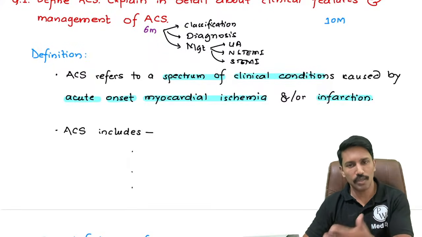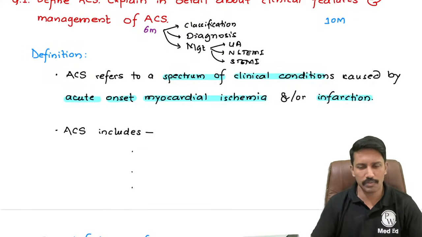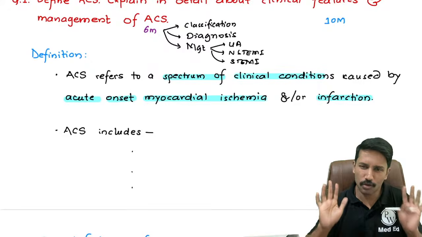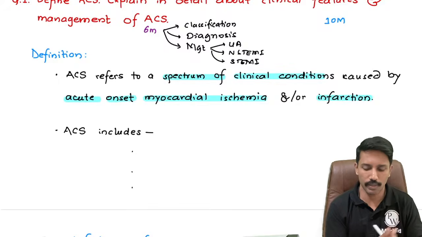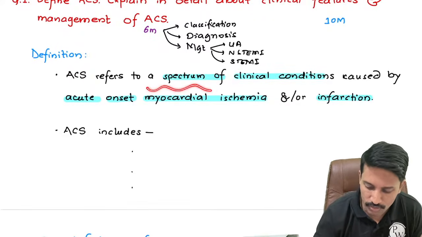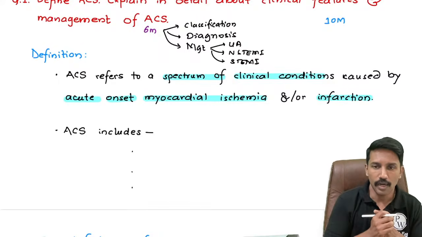The grandfather story that I told you, every time he walks 100 meters he will have chest pain. That means it's not an acute onset myocardial ischemia. He's having chronic ischemia, every time he walks. So that is not acute coronary syndrome, right? Acute onset myocardial ischemia or infarction leading to certain clinical conditions, those conditions collectively we call acute coronary syndrome.